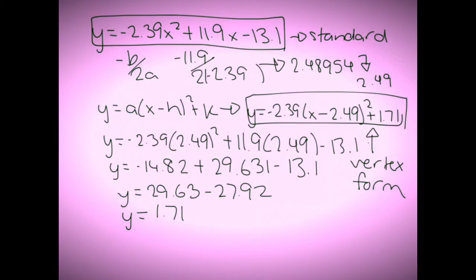To find h, you do the opposite of b over 2a, which would equal 2.49, and then you plug 2.49 into the standard equation, and when you plug that in, you get y equals 1.71. Then you just plug those into the appropriate coefficients. So you get y equals negative 2.39(x minus 2.49) squared plus 1.71.